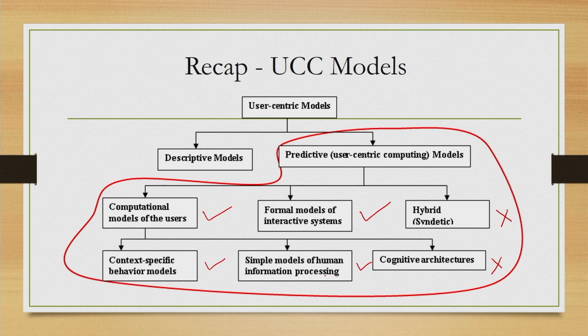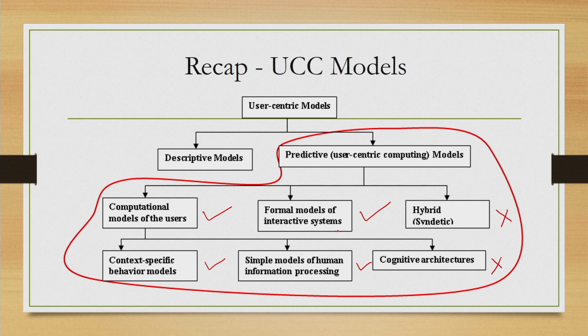Along with that, we have discussed another set of models inspired by these classical models, namely the 2D and 3D pointing models, the constraint navigation models, the models for mobile typing and models for touch performance, which come under the contemporary models of interactions. All these belong to this overall category of computational models of the users.